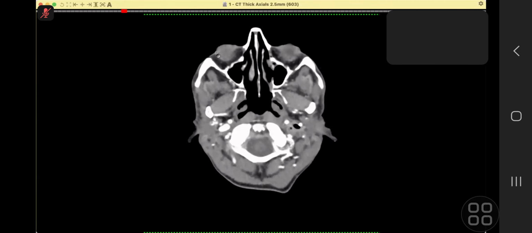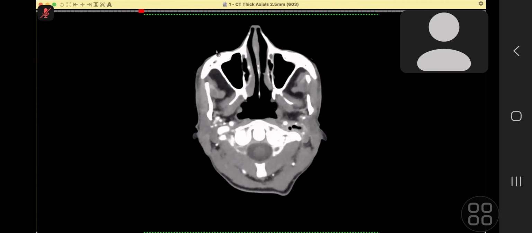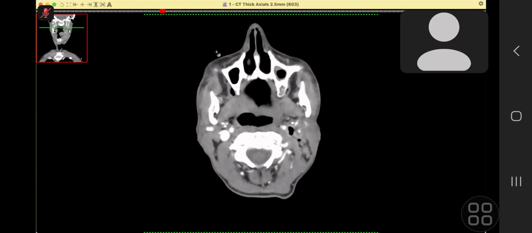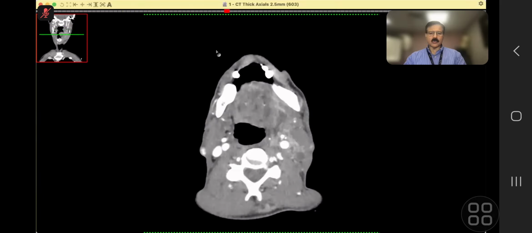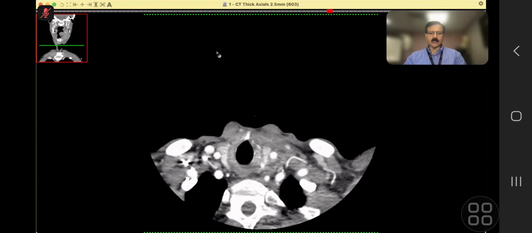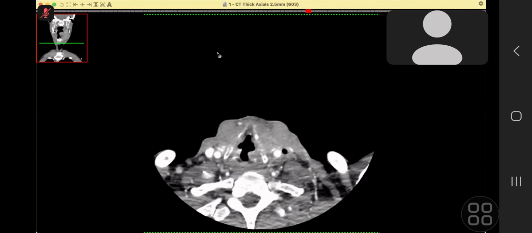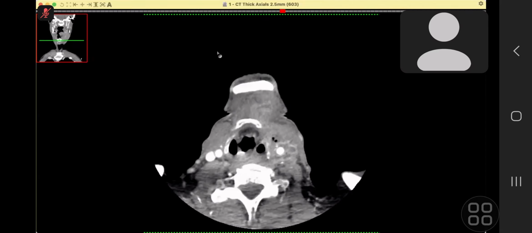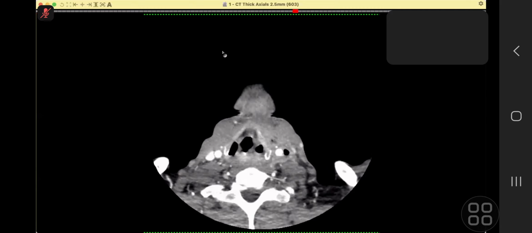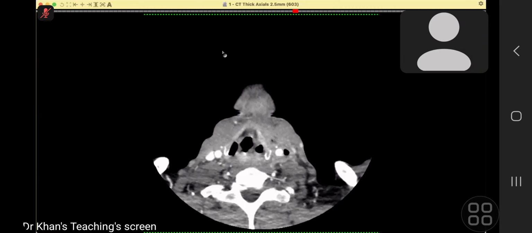So we did a CT scan. Over to you now. Can you once again try to ask for the mouse and see if you can scroll it? I'm giving up, and I'm again going to request remote.